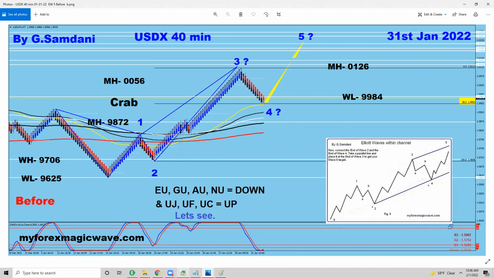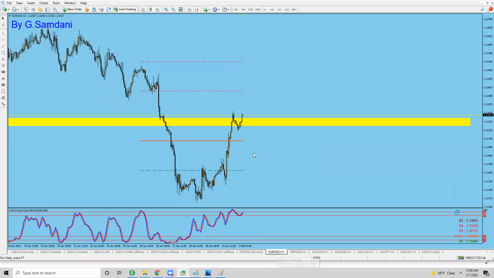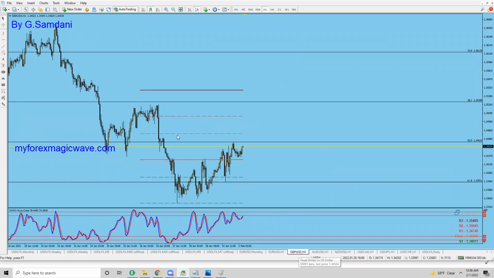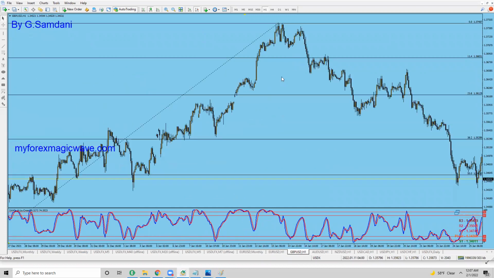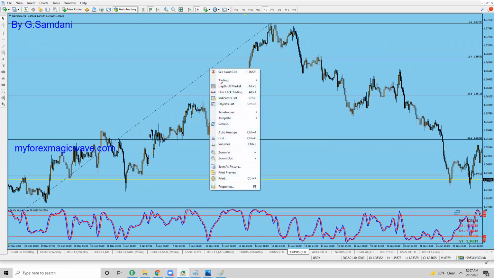Okay, so if we take a look at these pairs right now, what are they doing? This has retraced nicely, right? And is ready to go down. This nice retracement, how much is it? Let's take a look. Where's the fib here, man? Let me just get rid of this fib.